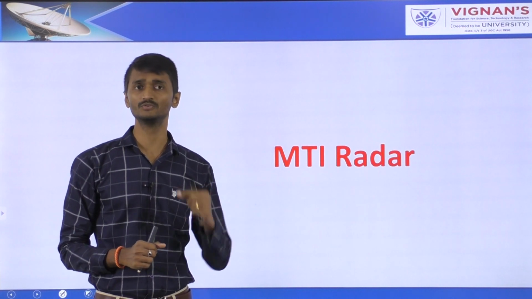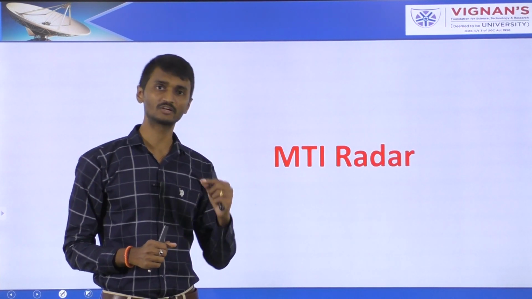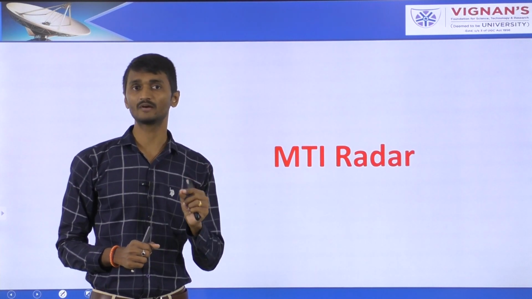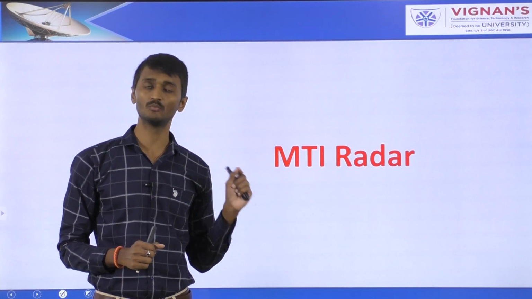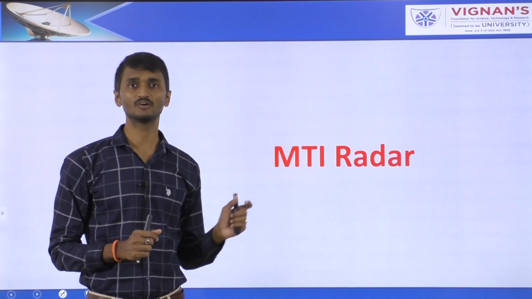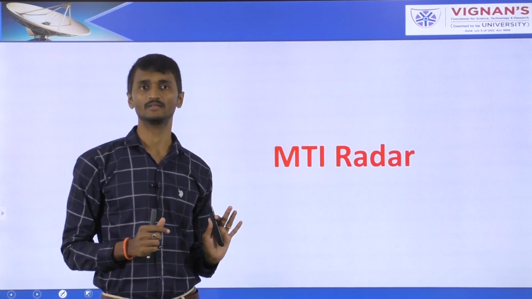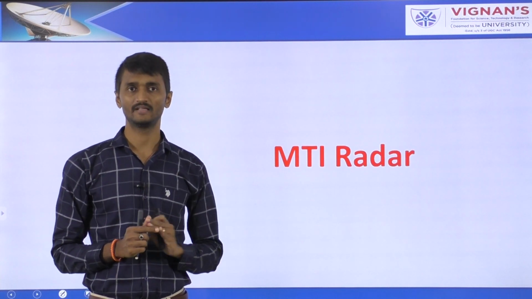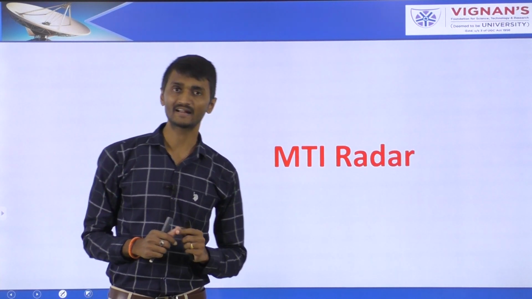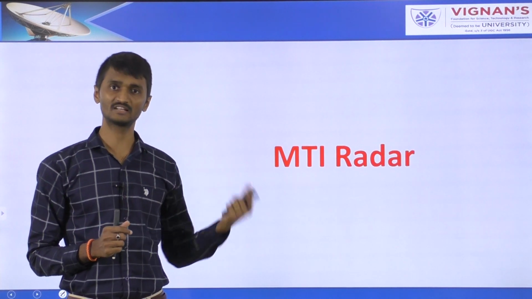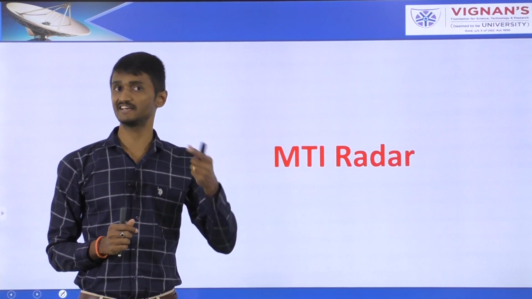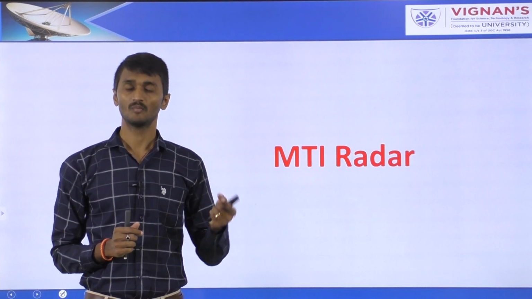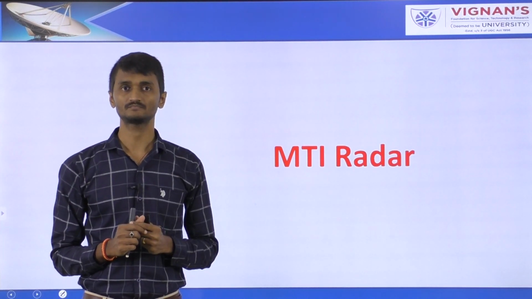So coming to the introduction, we know if the radar is used for detecting the movable targets, then the radar should receive only the echo signals due to those movable targets. This echo signal is the desired one only. However, in practical applications, the radar receives the echo signals due to stationary objects in addition to the echo signal due to the movable targets.